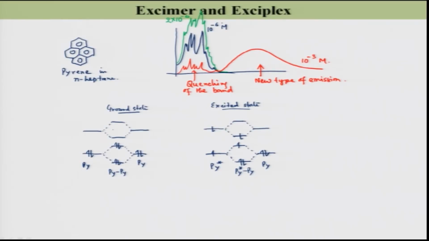Now, if we look at this one, 2 electrons are destabilized.